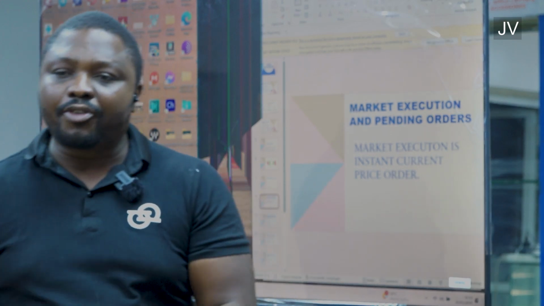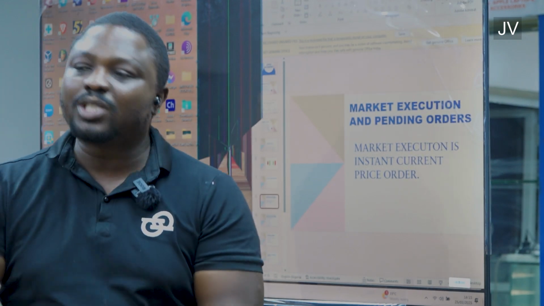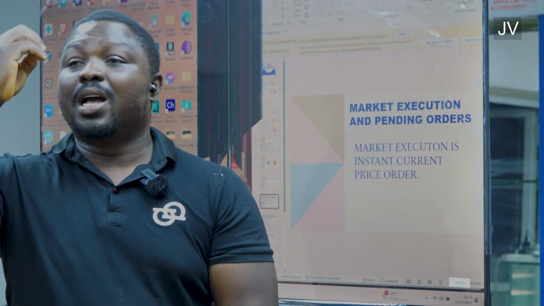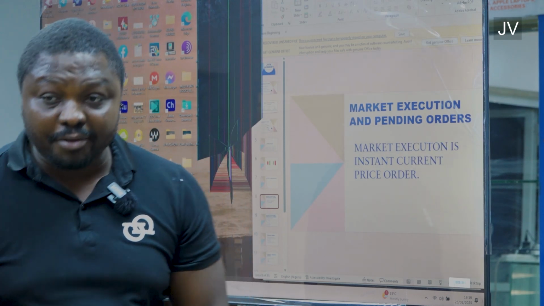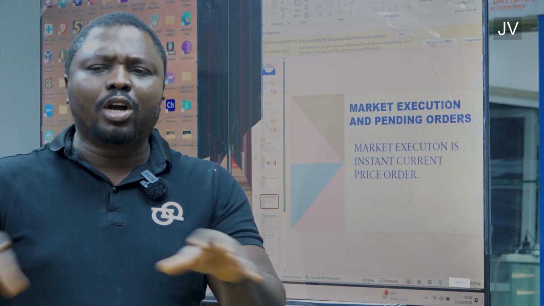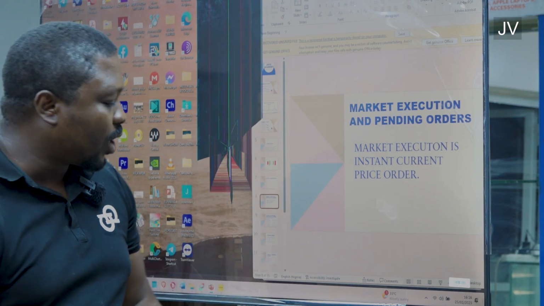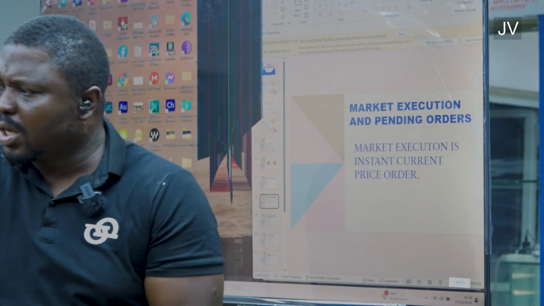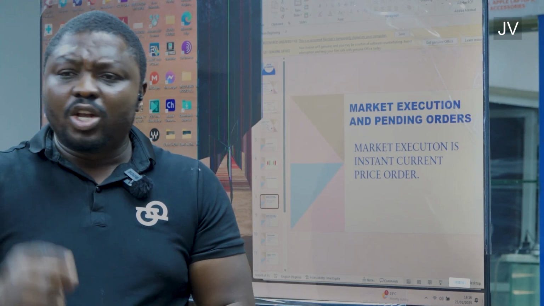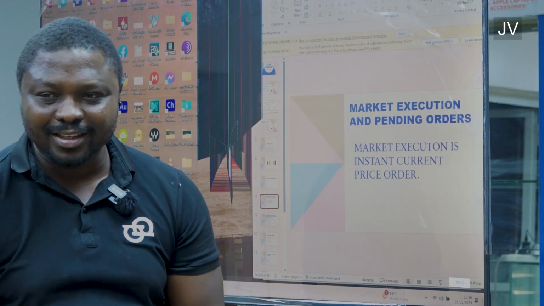Now, talking about time frames, we have 1 minute, 5 minutes, 15 minutes, 30 minutes, 1 hour, 4 hours. There are other hours if I use MT5, but those are the major ones. Then daily, weekly, monthly. Now, if you are a day trader, you don't need to bother with weekly to trade.